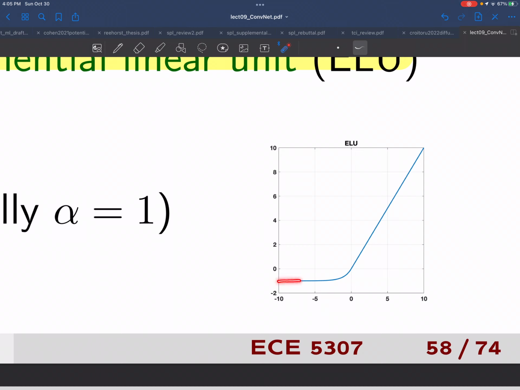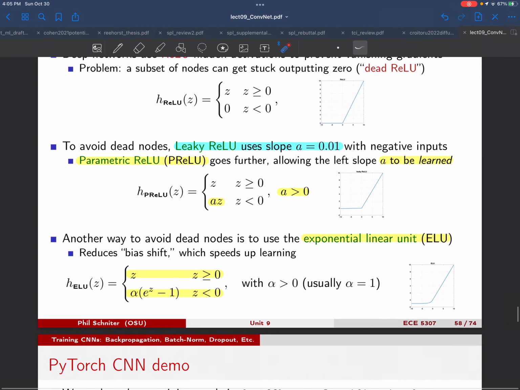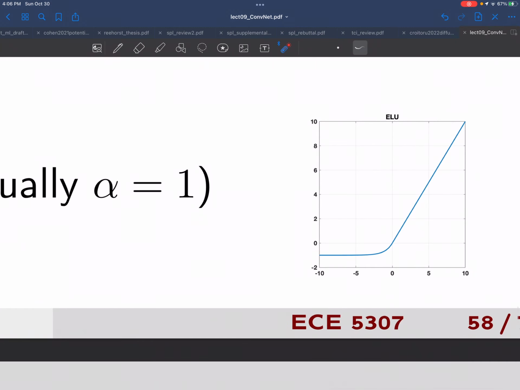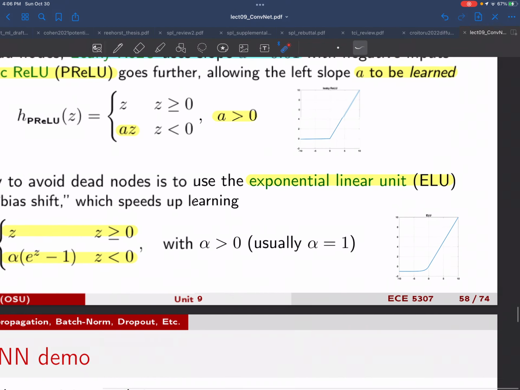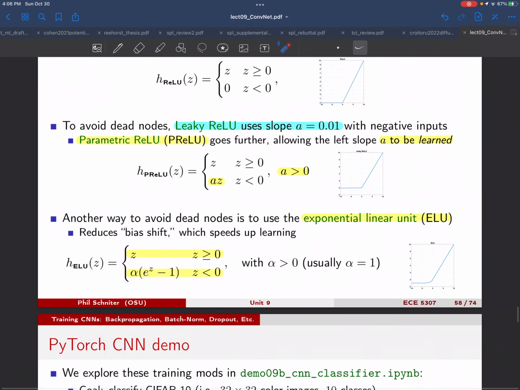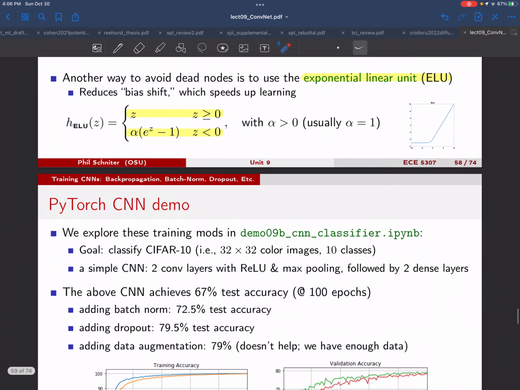It's non-zero over here, but it's not perfectly flat, though it gets very close to flat because as z goes negative, this becomes extremely tiny. And so this converges to minus alpha here. This would be a case where alpha is 1. Okay, so this smoothness can often help the optimization algorithms, and so often this works pretty well as well.